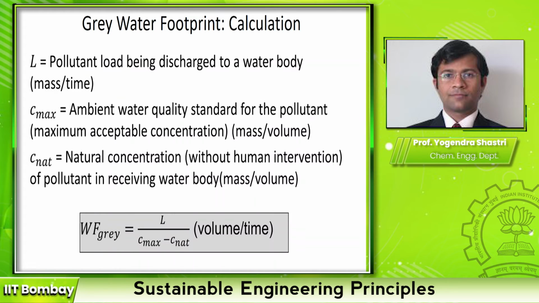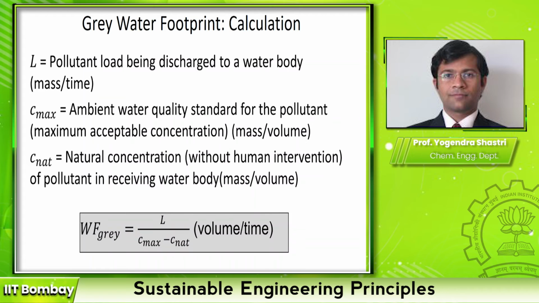C max is the ambient water quality standard for the pollutant, or in other words, this is the maximum concentration that the pollutant can have in a water body. This could also be treated as the regulatory standard which is set by the government. And this is typically in terms of concentration, so the unit is mass per unit volume.